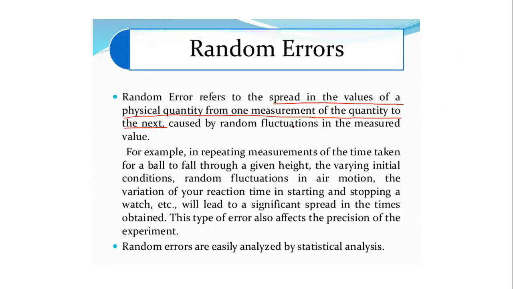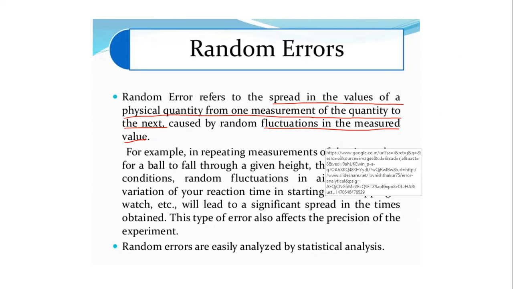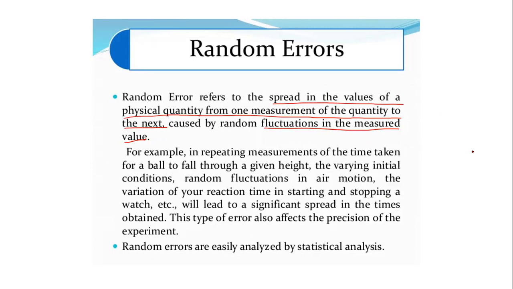Then you can say this is caused by random fluctuations in the measured value. Why are you getting fluctuations? Because there are many other parameters affecting it directly or indirectly, like environmental factors, wind speed, the reaction time of the observer, or the lab condition.